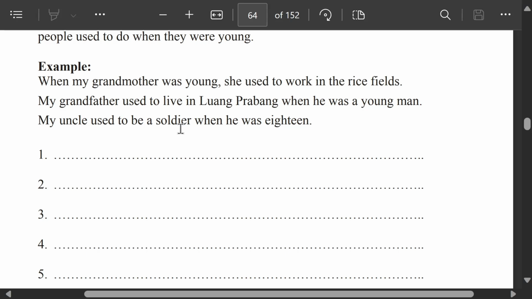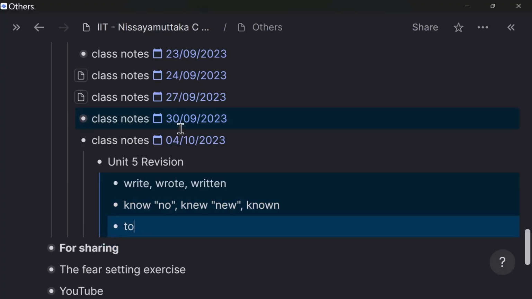What else? I used to... You used to smoke? Really? Then infinitive. I used to smoke. You can use the infinitive. The verb is to smoke, smoked, have smoked.